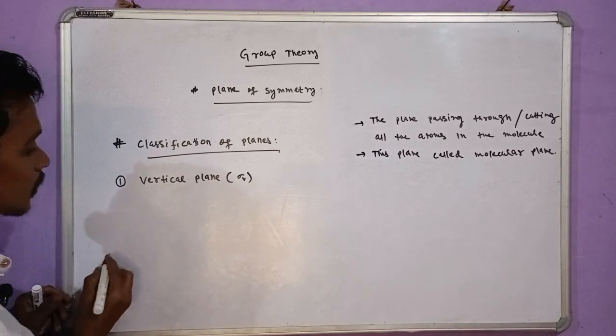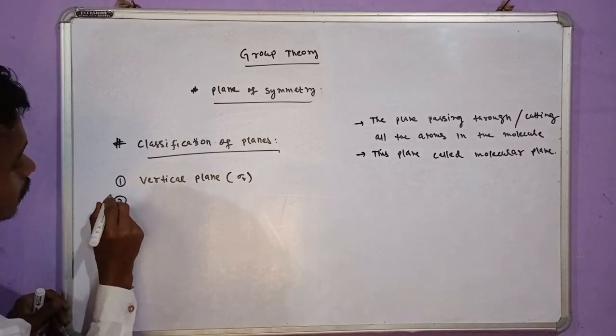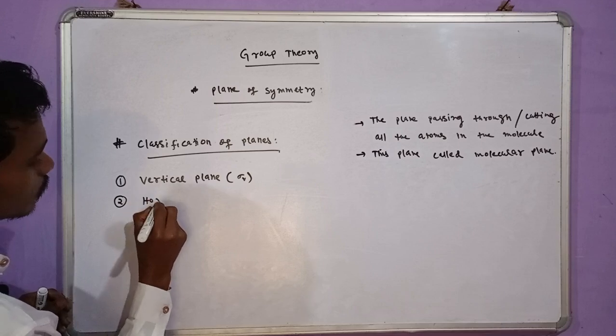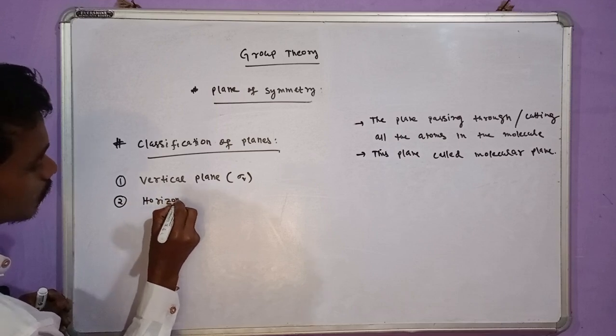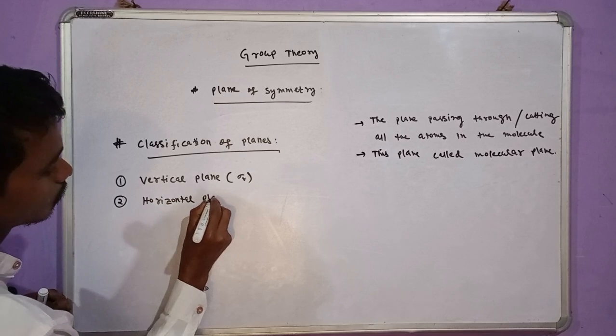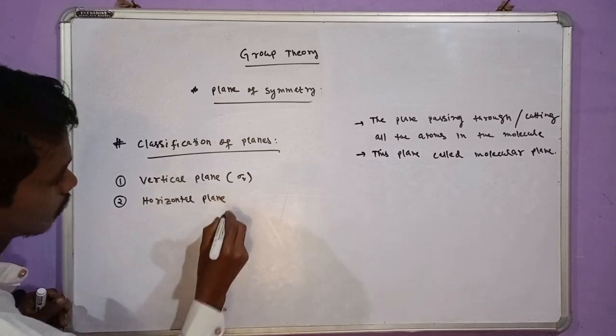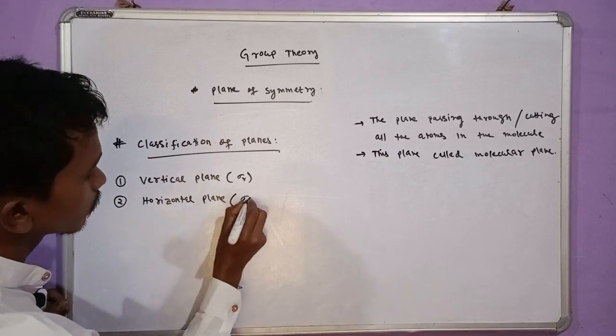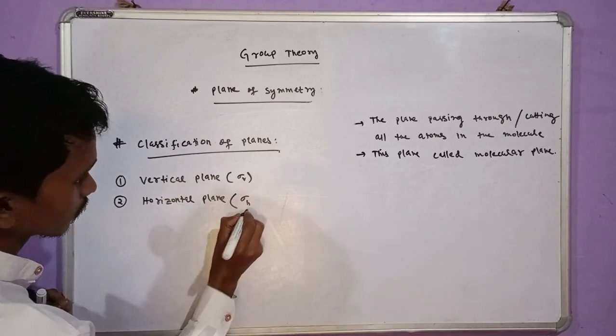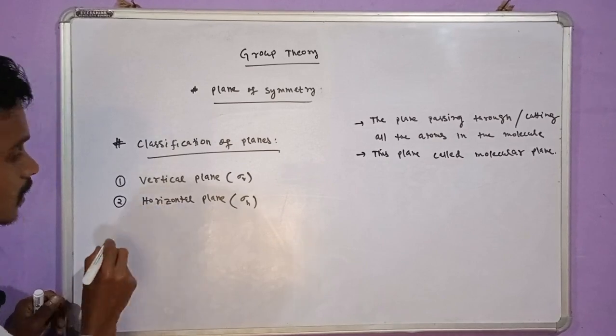Next type is the horizontal plane, sigma h, h for horizontal.